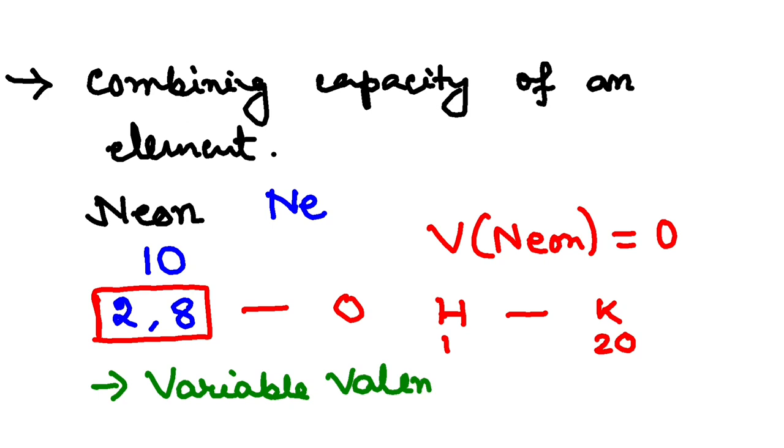Some elements like iron, oxygen, nitrogen, they have more than one valency, right? Valency can be 3, valency can be 5, like that. So in the next video we shall be discussing that, and we'll also discuss the reason for some elements having variable valency.